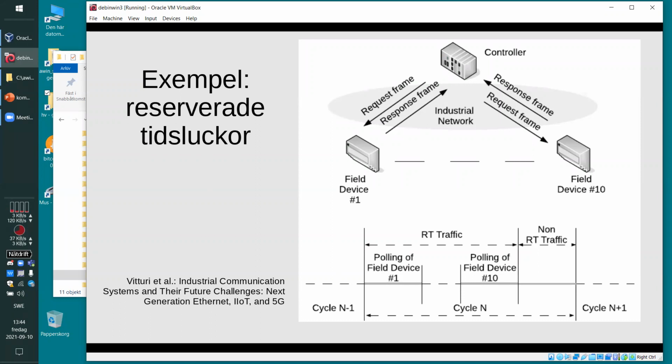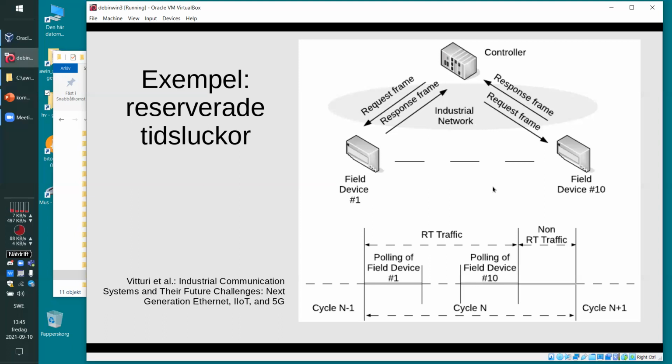If you have some kind of network or links, you are sending traffic, you start by dividing up the time in cycles. You need a global clock. All nodes need to be synchronized to know when the cycle starts. And then you have time slots of a certain length, time slot 1, 2, 3, and so on.